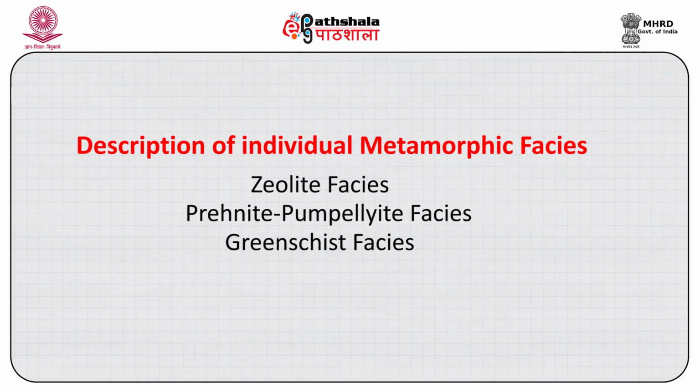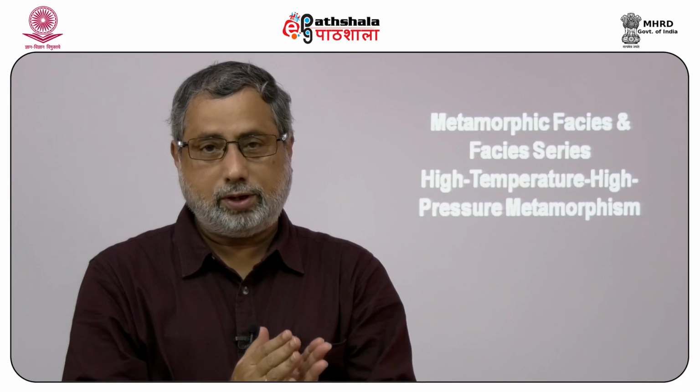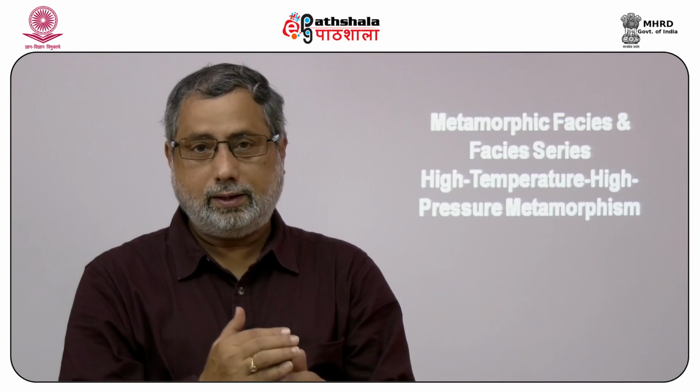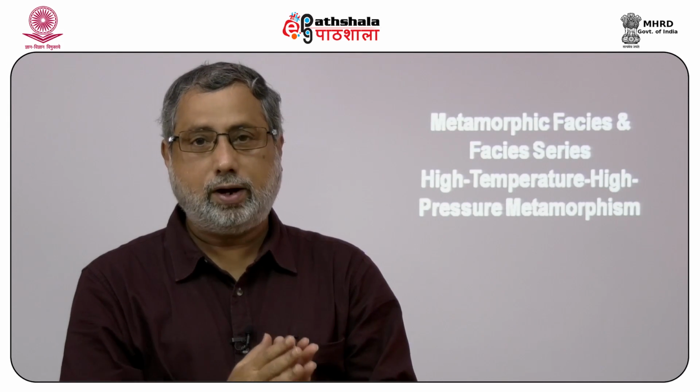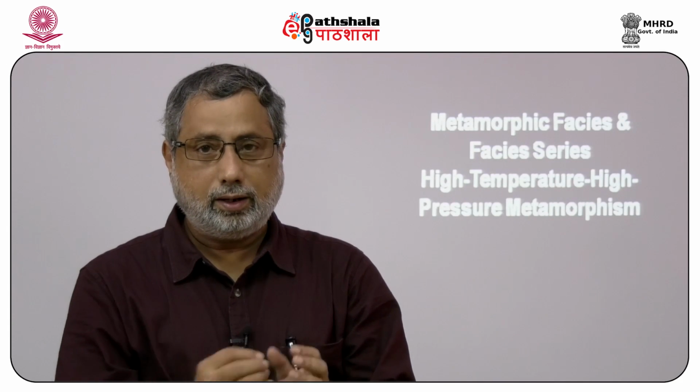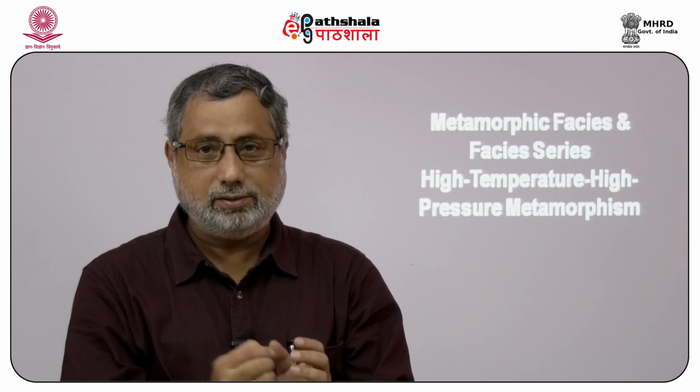Next is the greenschist facies. Greenschist facies starts around 400 degrees centigrade, and the transition from prehnite pumpellyite to greenschist facies is marked by the breakdown of prehnite pumpellyite and the zeolites, and leads to the stabilization of minerals like actinolite, chlorite, epidote, albite, calcite, ilmenite, etc. In pelitic rock, which is actually a potassium rich, aluminum rich, calcium poor bulk, there we find minerals like muscovite, biotite, chlorite, along with some garnet, very manganese rich garnet.